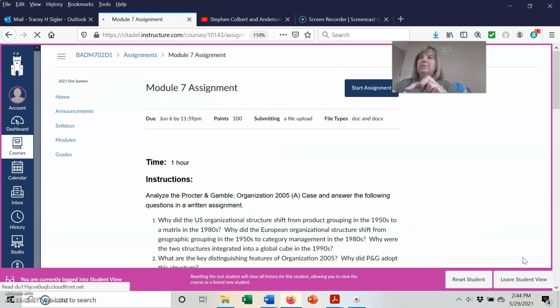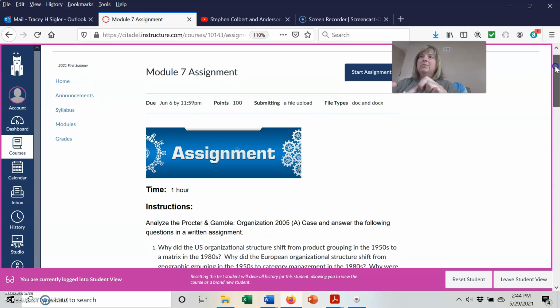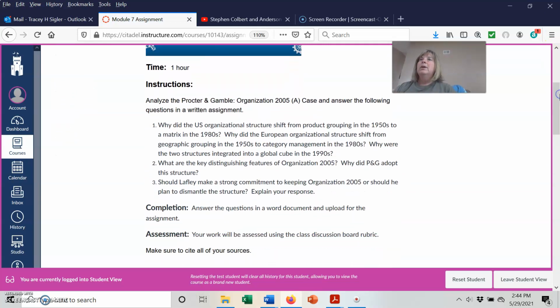So your first assignment, the individual assignment for this module, is the Procter & Gamble case. Read through the case and answer the following questions. Why did the structure shift from product to matrix? And looking at the different structures over time, the structure at the end of the case is Organization 2005.